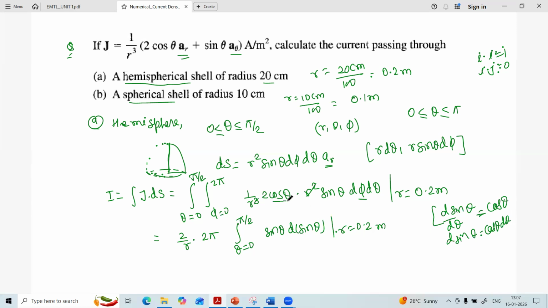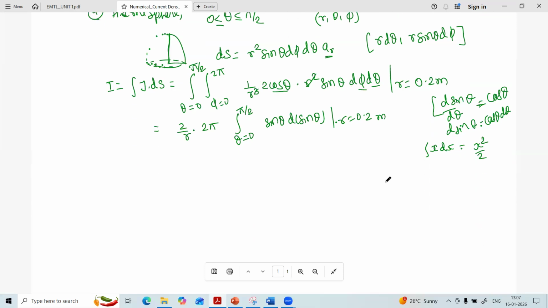In place of cos theta d theta, we write the differential of sine theta. Now, with sine theta as x, the integral of x dx is x squared by 2. That concept we are using here.